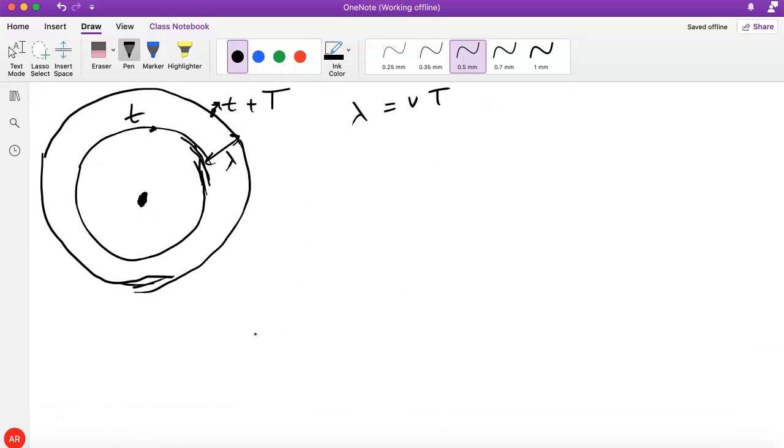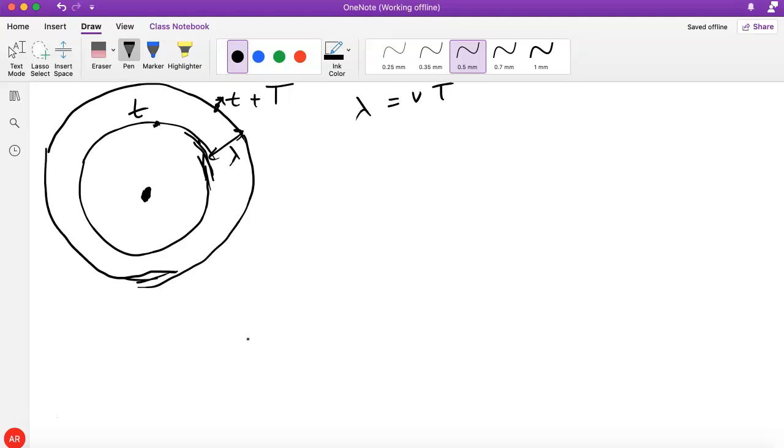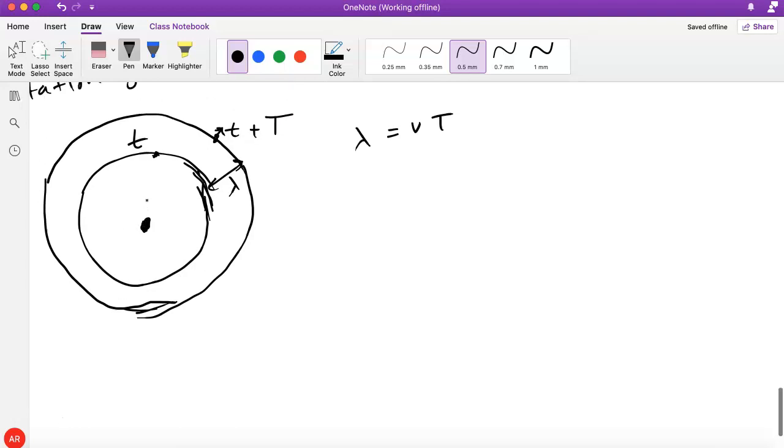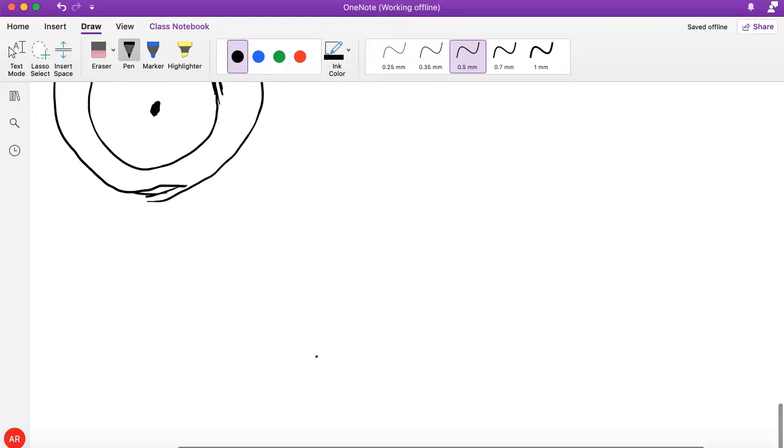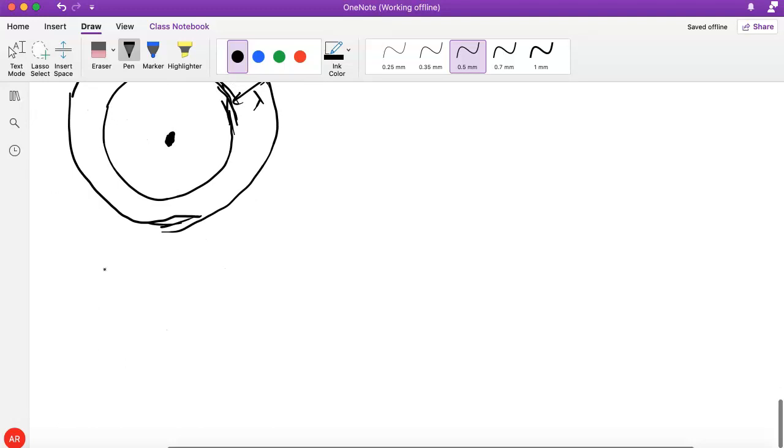Okay, so now what happens if the source is moving with velocity, let's say Vs, V source? When we start the clock, that's when this outer wavefront originated. So that one's going to be the same. So let me just write right below.